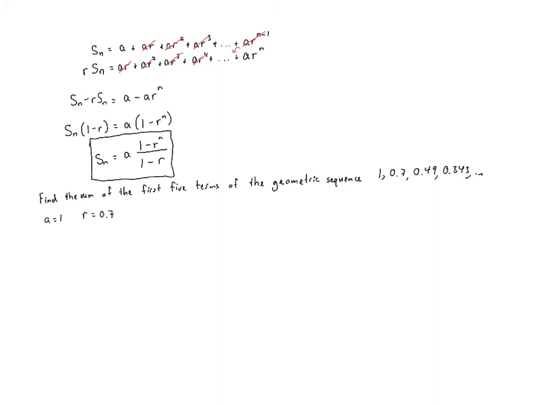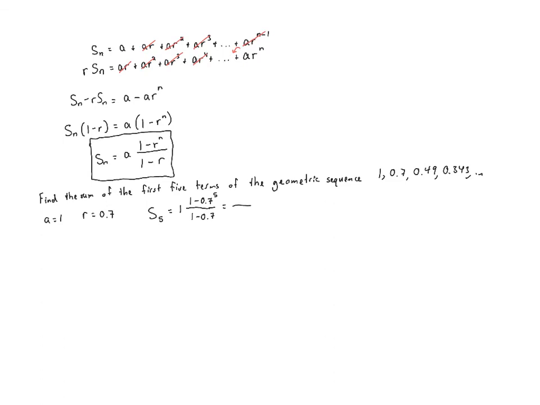So if we want to find the sum of the first 5 terms, what we're looking for is S sub 5. So it's going to be a, which is 1, times 1 minus r to the n. So that's 1 minus 0.7 to the 5th, all over 1 minus r, which is 1 minus 0.7.